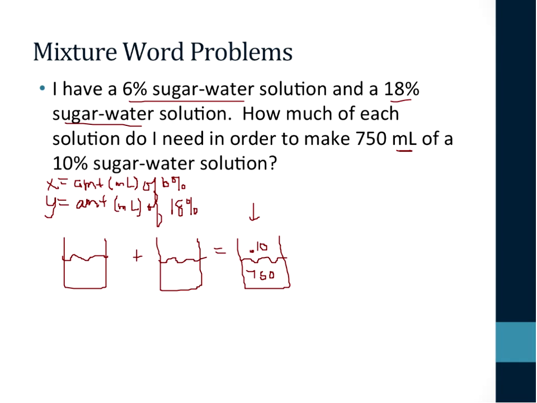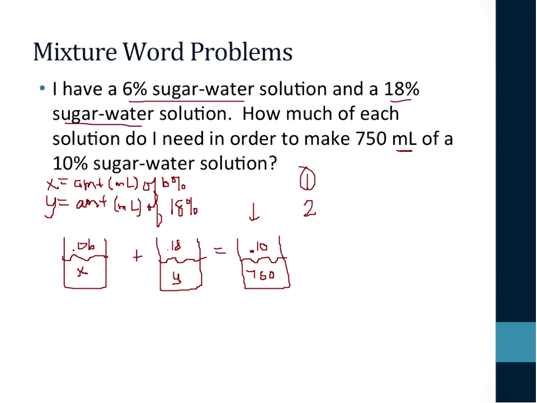I also know that I want to use 6% sugar water solution and 18% sugar water solution, but I don't know how much of the 6% or how much of the 18% that I need. So this bucket idea tells me I've got 6% of so many X milliliters, 18% of Y milliliters, and I want to get 10% of 750 milliliters.